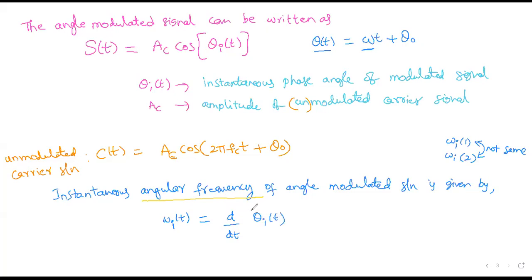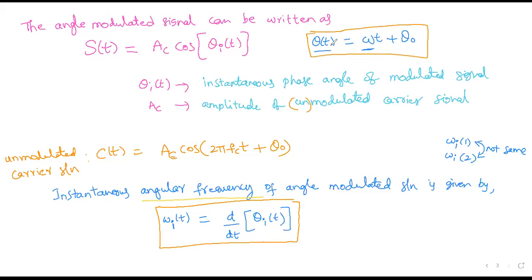Yes or no, guys? Why? Because I know only theta I of t here. Theta I of t is given to me because that is an angle modulated signal. So from theta I of t, how can I calculate omega? That's the relation between theta and omega.